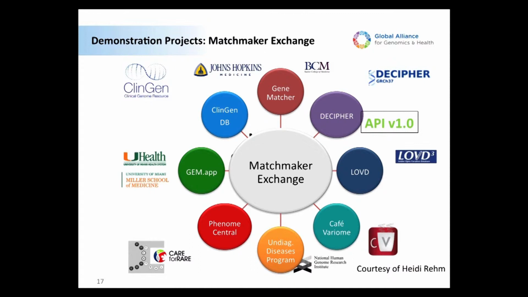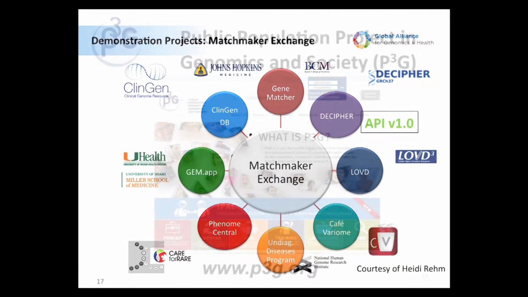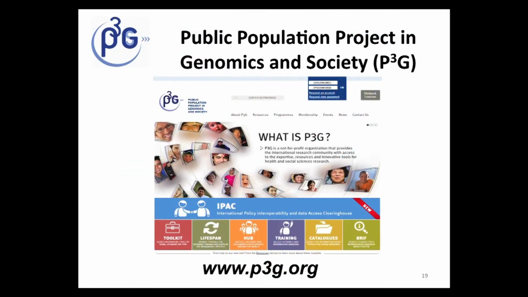And particularly for rare diseases, this is extremely, extremely important. And there's a matchmaker in action. So behind all this, in terms of the regulatory ethics and working group, and also helping the different demonstration projects, is the Public Population Project in Genomics and Society.